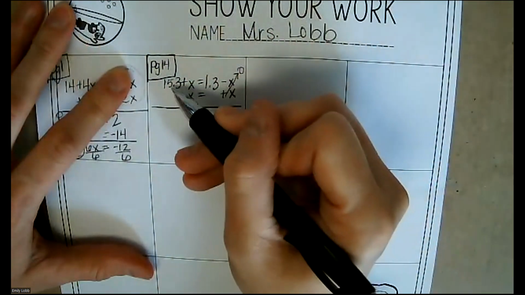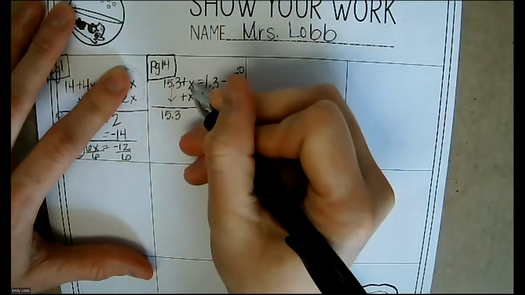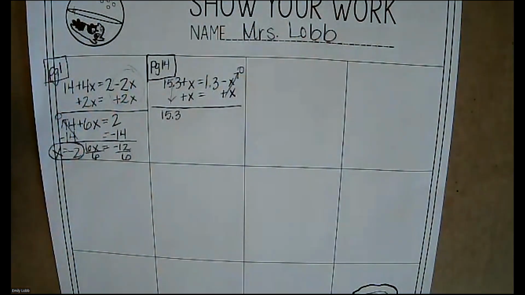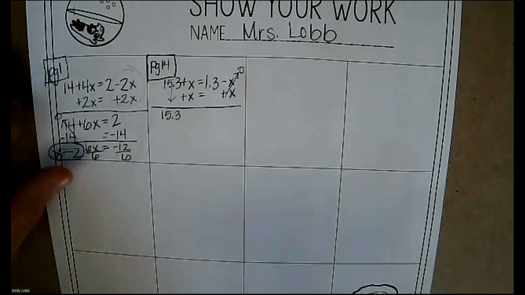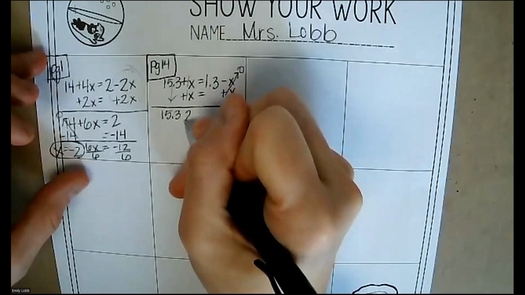So now I'm just bringing down my equation. I bring down the 15 3/10. What is x plus x? 2x, right? My coefficient, if it's just x, is like a 1. So 1 plus 1 is 2.